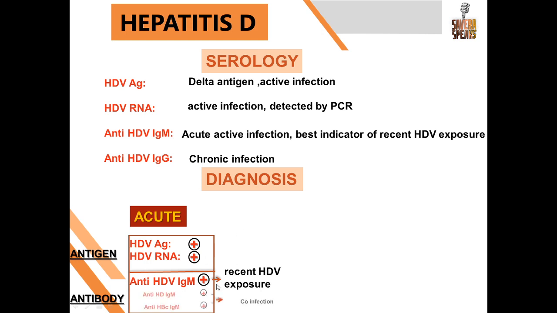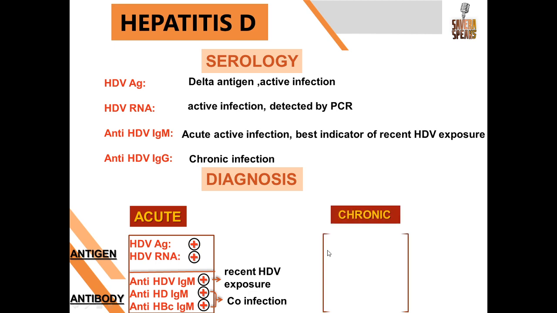So in the co-infection, there are two IgM antibodies against the two antigens. That is IgM against HD antigen and IgM against HBc antigen will be positive, and these two will indicate the co-infection.